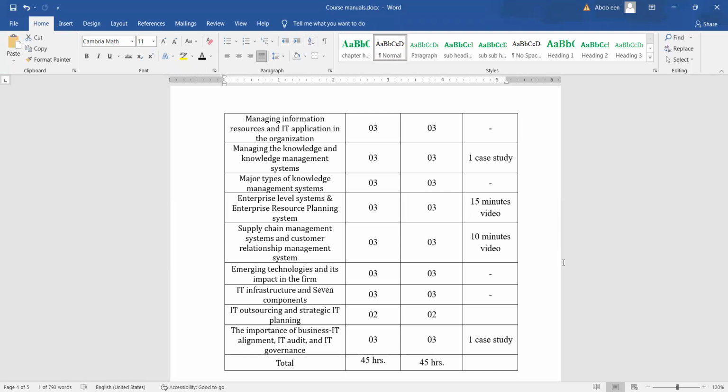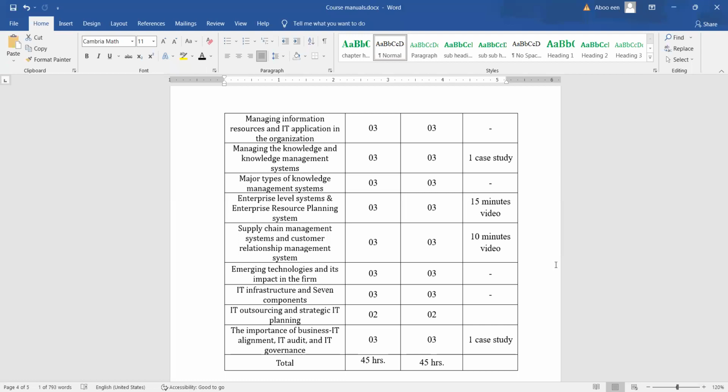Altogether, we are going to spend 45 hours for the entire session. For the importance of business IT alignment, IT audit, and IT governance, we will discuss one case study. For supply chain management system and customer relationship management system, we will demonstrate a 10 minute video. For enterprise level systems and enterprise resource planning, I will run a 15 minute video.